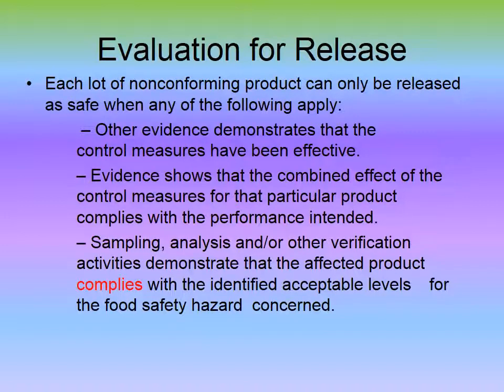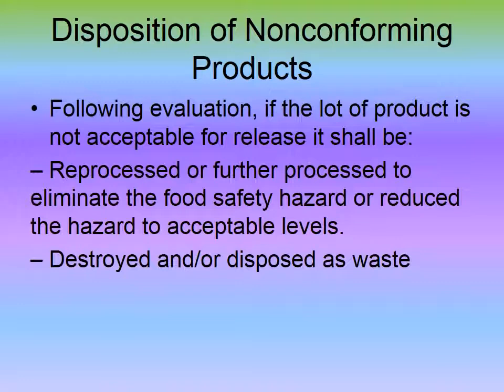And then sampling, analysis, or any other verification activities demonstrate that the affected product lies within the identified acceptable level for the food safety hazard. And then this is the disposition of non-conforming product, as you can see from here.